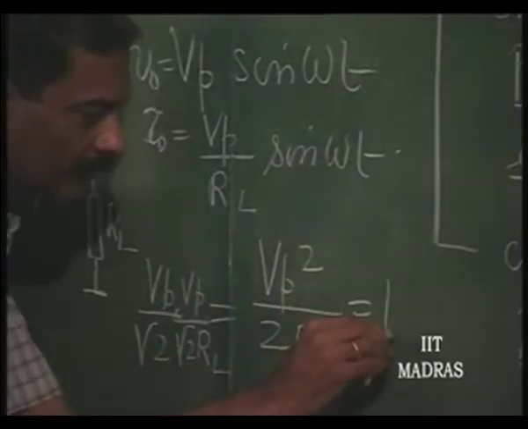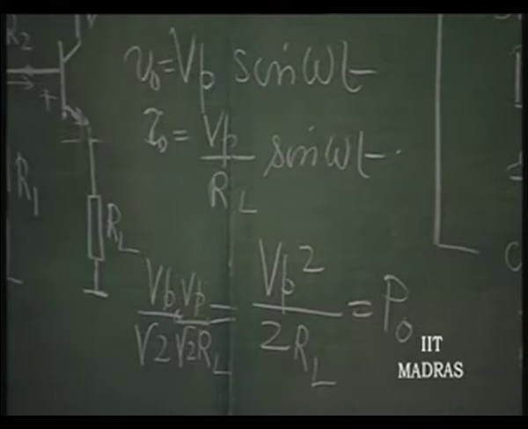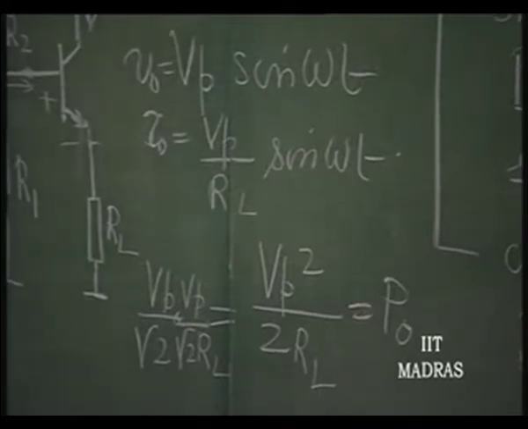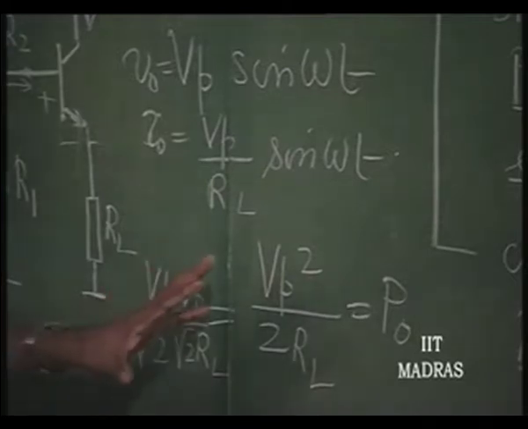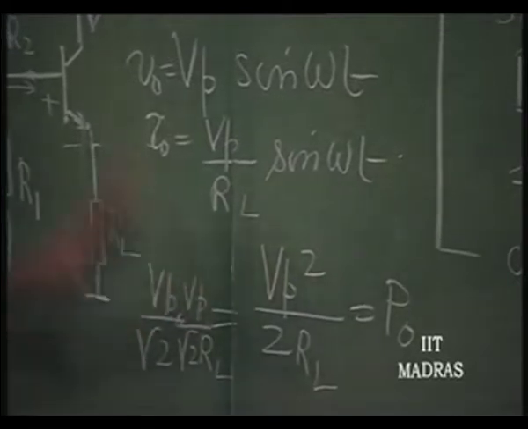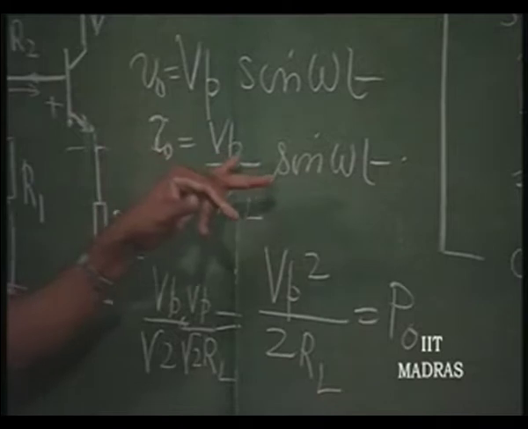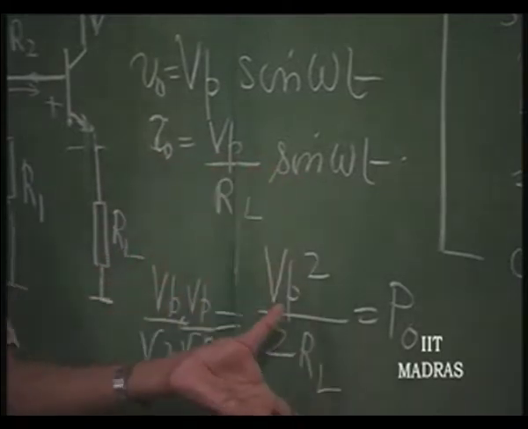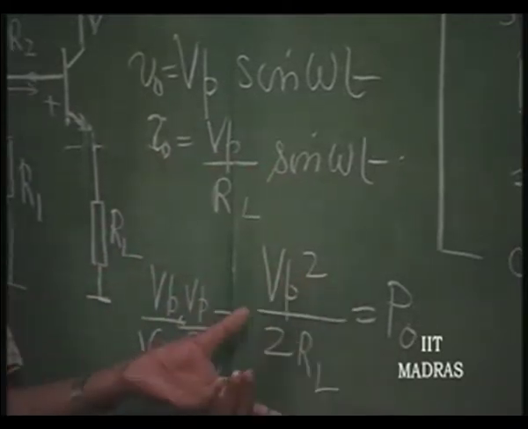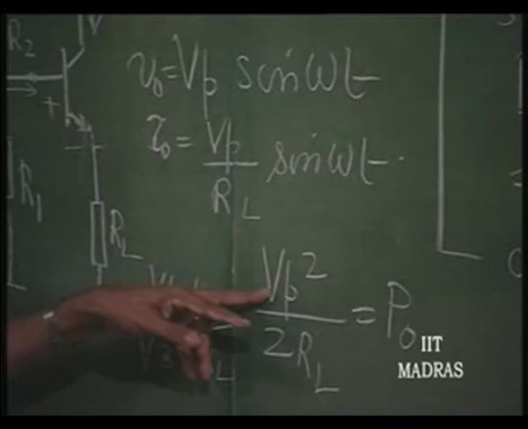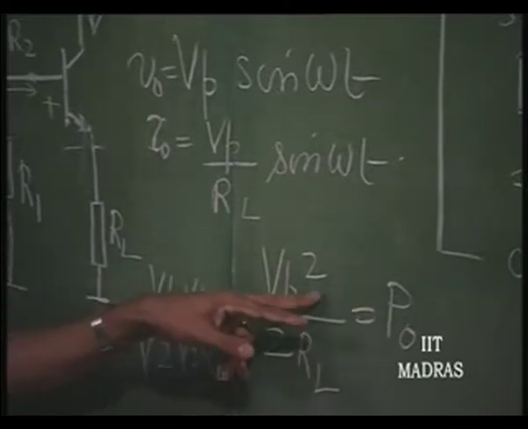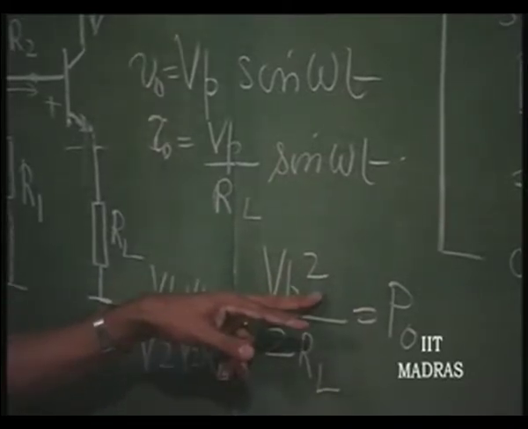That is the power output. If a sine wave is inputted, the output is going to be a sine wave, and therefore at any time the power outputted is Vp squared by 2 RL. What is the maximum power outputted? When Vp becomes equal to Vcc, the peak value.